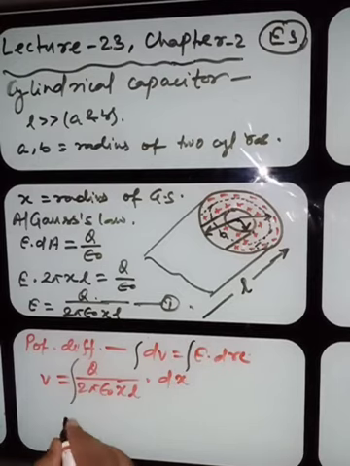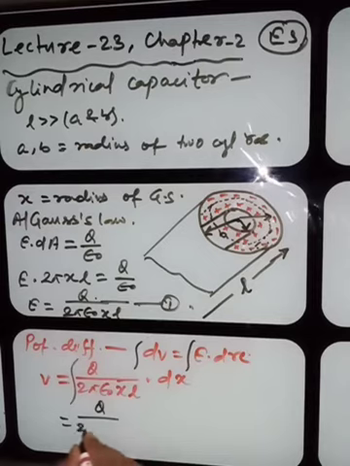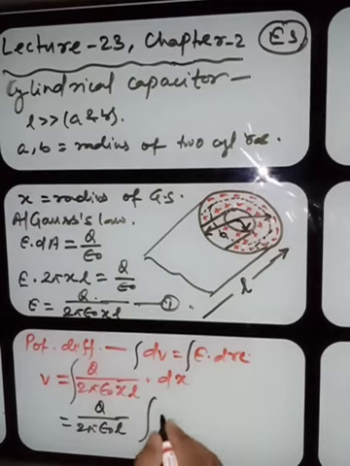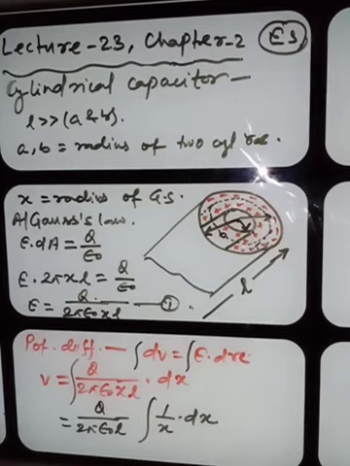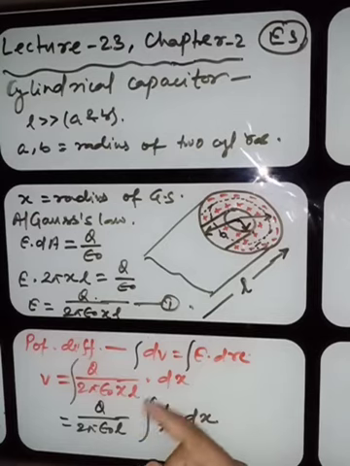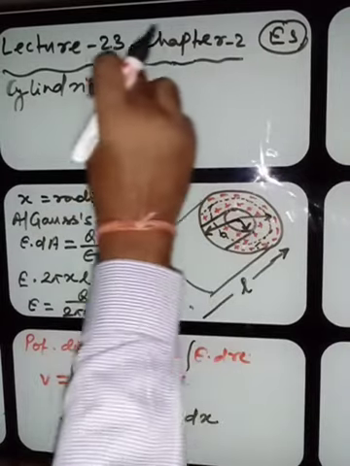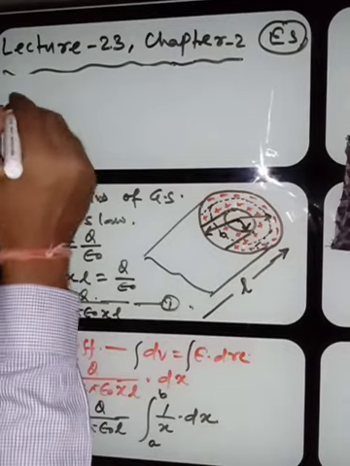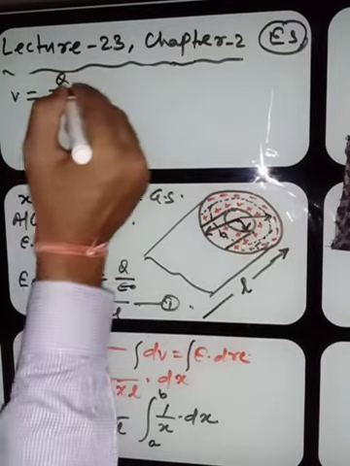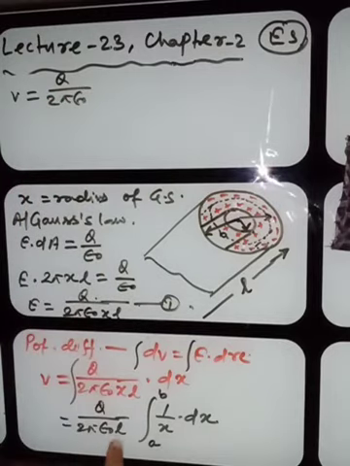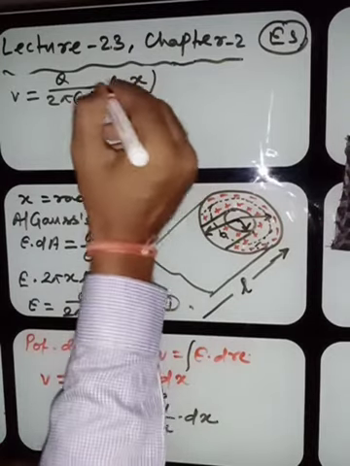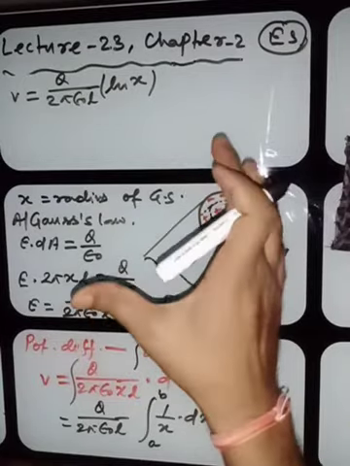Now the integral of dV gives V. Q by 2 pi epsilon naught L is constant, so we have 1 by x dx, and we integrate this 1 by x dx from a to b, since the positive terminal is at a and the negative one is at b. Integrating, you get the result: V is Q by 2 pi epsilon naught L, and the integral of 1 by x dx is ln x, the natural log of x.